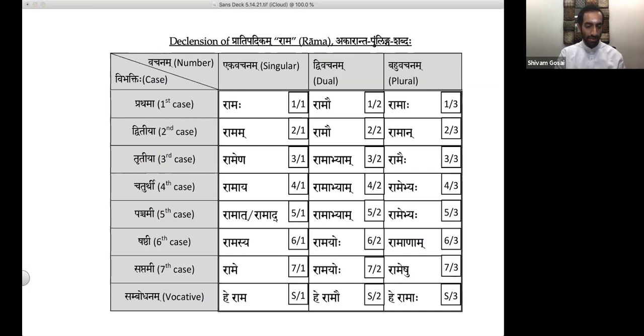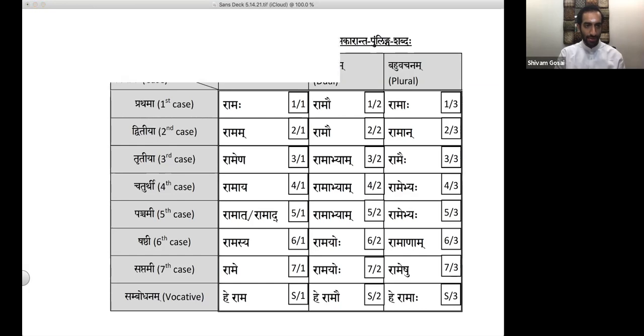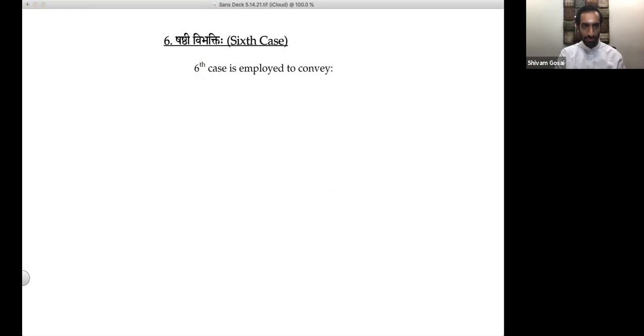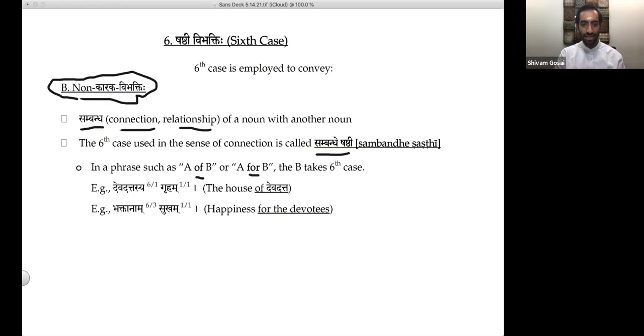All right. Let's close this. Okay, so as a reminder, the sixth case is employed to convey, first, sambandhe shashti, when it indicates a connection or relationship between one noun and another noun. For example, house of Devadatta, or happiness for the devotees.